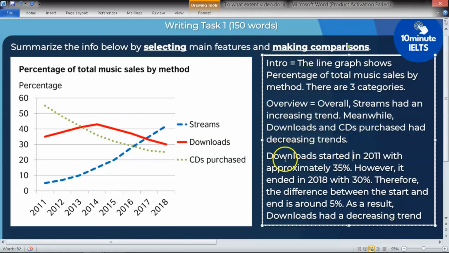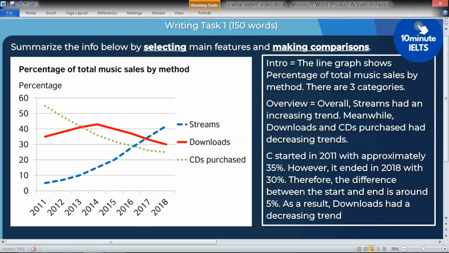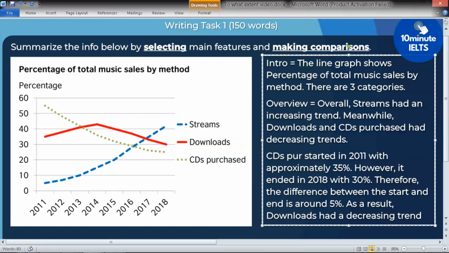Now, to finish up, you can also do the same with the third body. Just say that CDs purchased started in 2011 with approximately 55%. However, it ended in 2018 with, this time, around 25%.